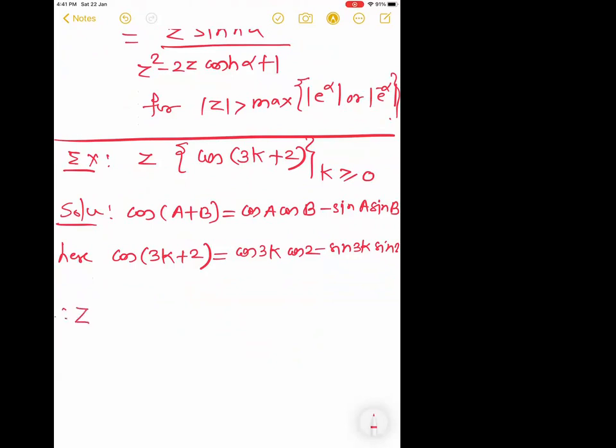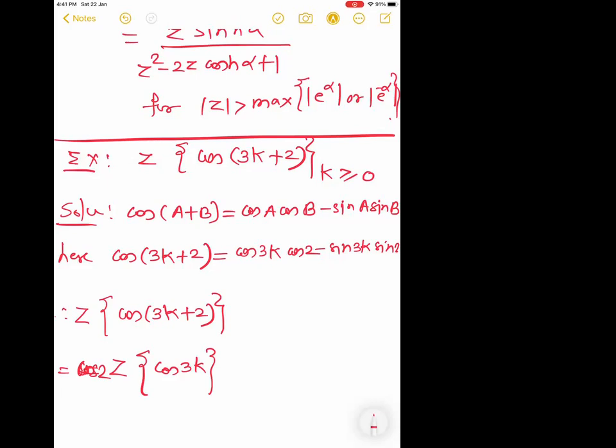Therefore, z transform of cos of 3k plus 2 is nothing but cos 2 times the z transform of cos of 3k. Okay, in that case, cos 2 will be constant. I'll write it here. No need to take it under the transformation. The transform is of what? Only for the kth sequence.